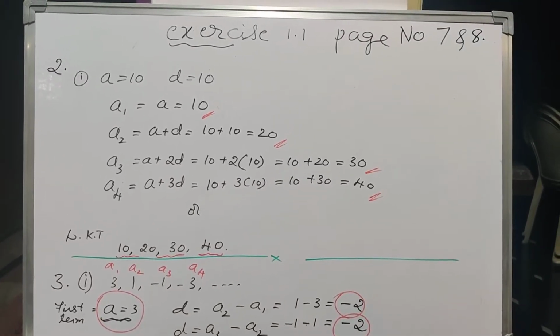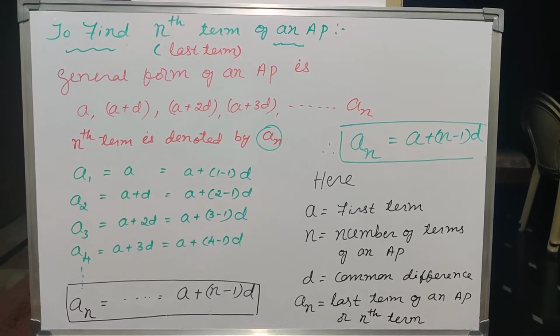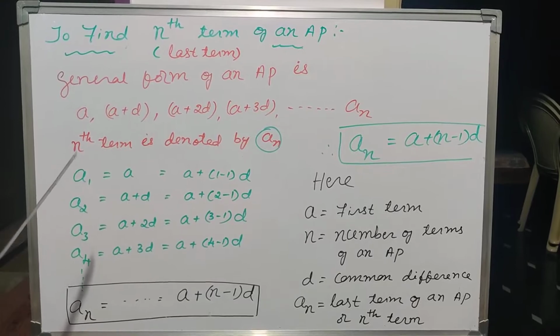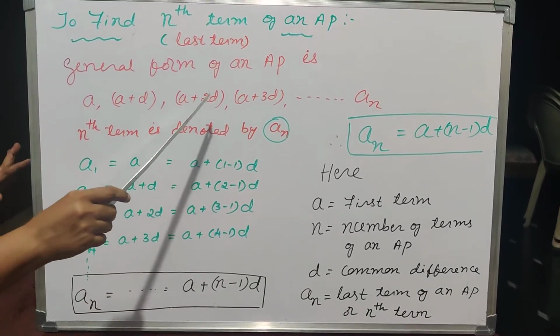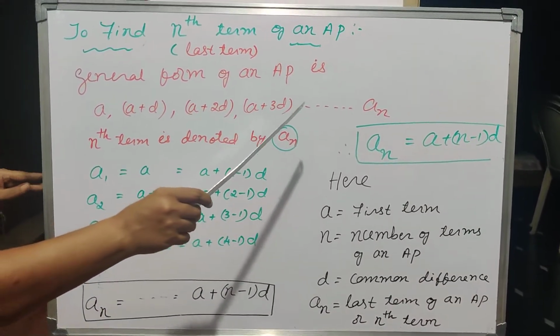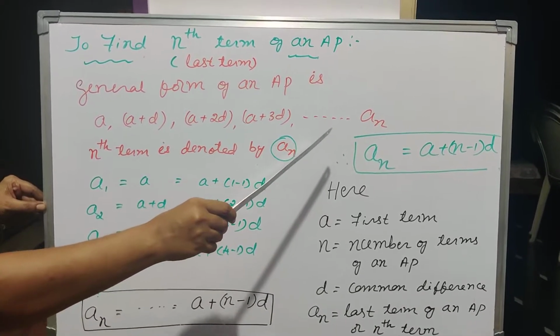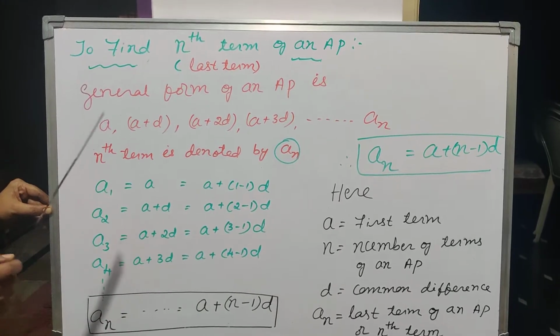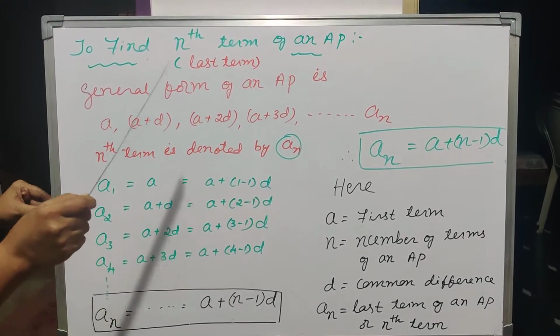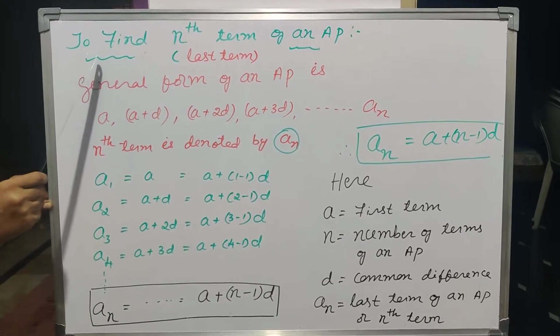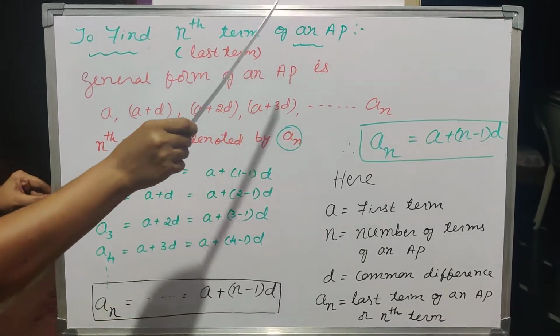We know that the general form of an AP is A, A plus D, A plus 2D, A plus 3D, etc. The last term we denote by AN. Now we will find the formula to find the last term or the nth term of an AP.